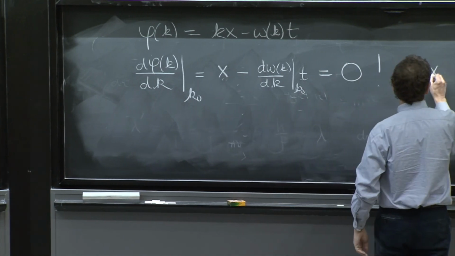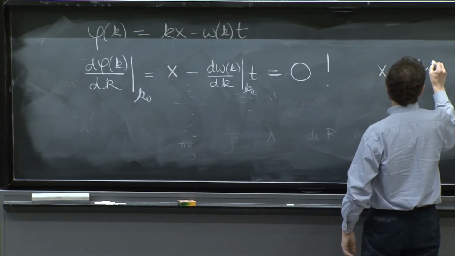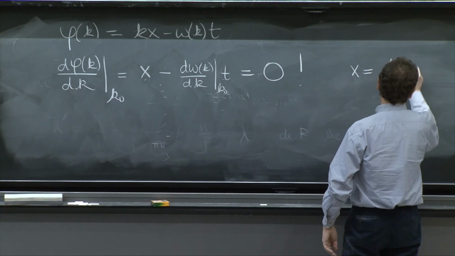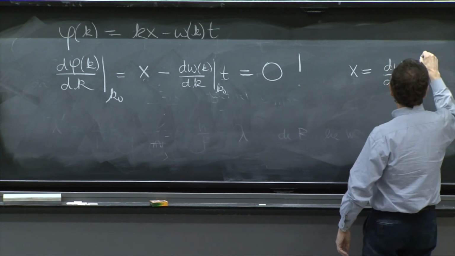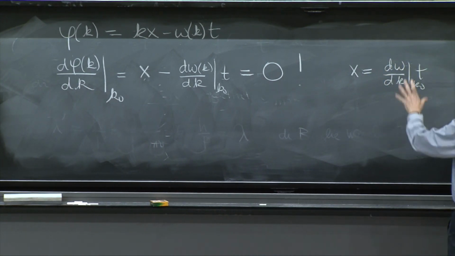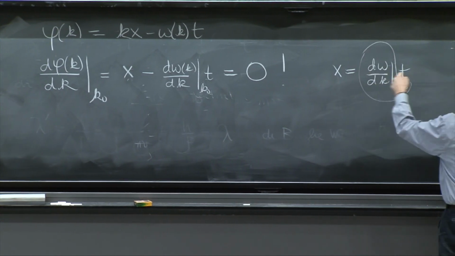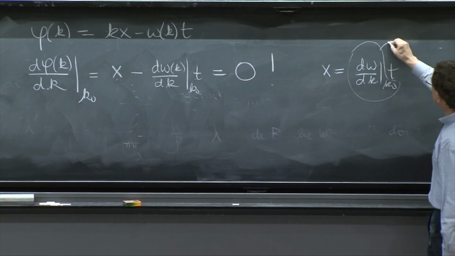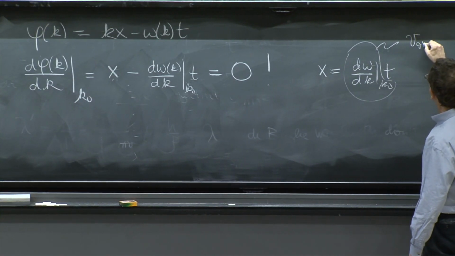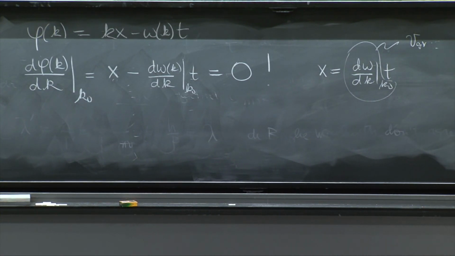So x is equal to d omega dk at k naught times t, and it identifies the packet as moving with this velocity, x equals velocity times time. So this is the group velocity. End of the answer by stationary phase. Very, extremely simple.